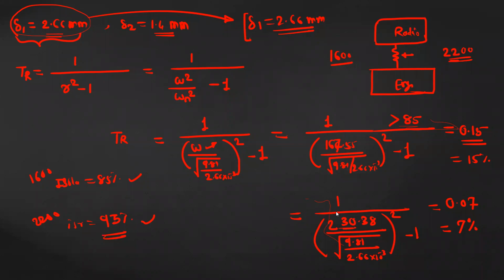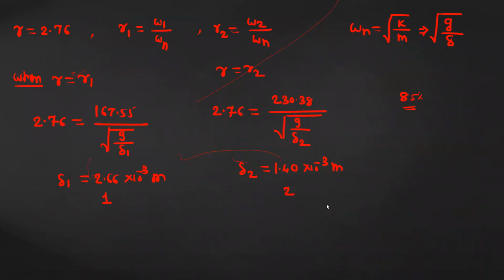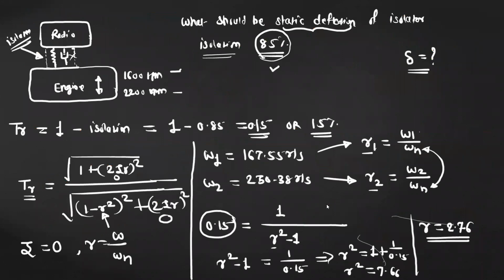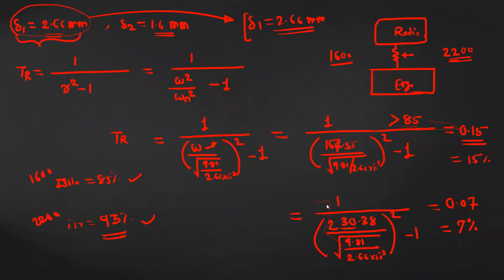So this problem is a bit conceptual. So your final answer here is the static deflection required for isolator is 2.66 to have 85% of isolation at both operating speeds, that is 1600 RPM and 2200 RPM.